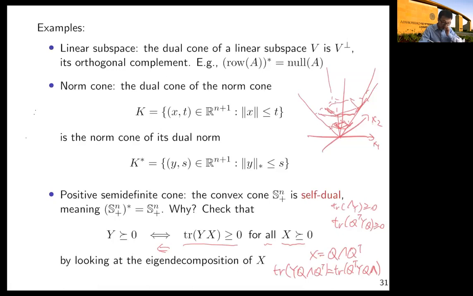So that alone doesn't give us the fact that y is positive semi-definite, but then we can keep choosing this q to be different things.